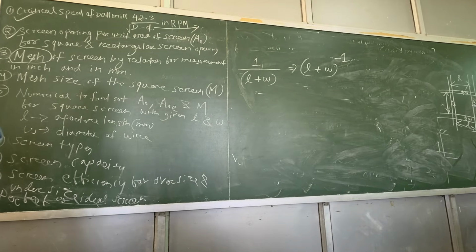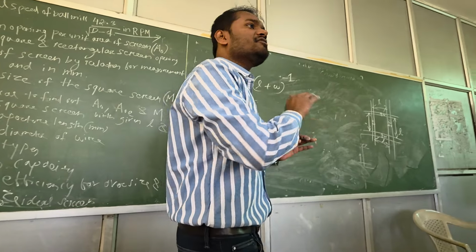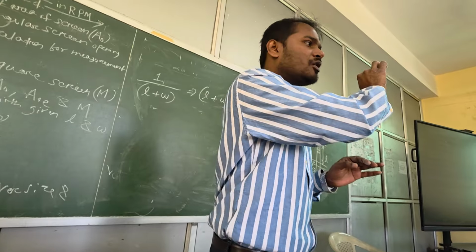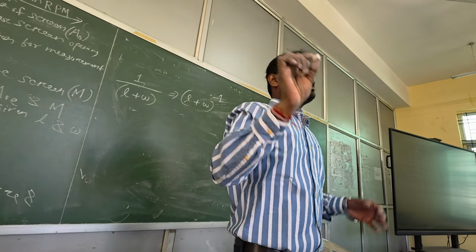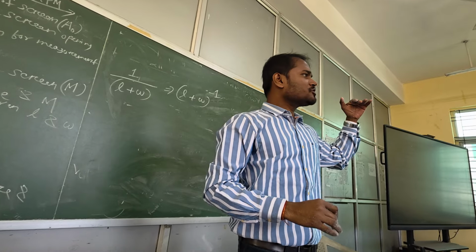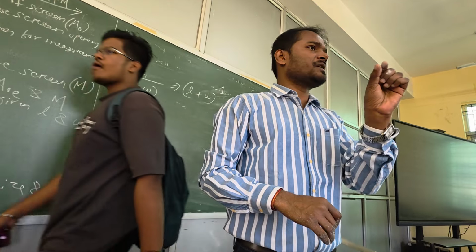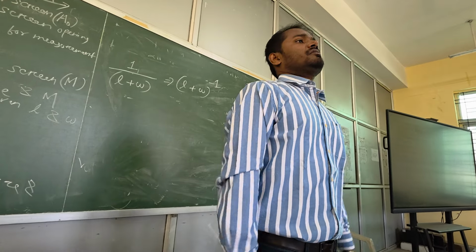That simply means how many openings there are in that screen if you move in a linear direction. Either you can move in the horizontal direction or the vertical direction. Linear means straight line. You have a screen, for example. You just move in this direction and check how many openings or apertures are present per unit length of the screen.